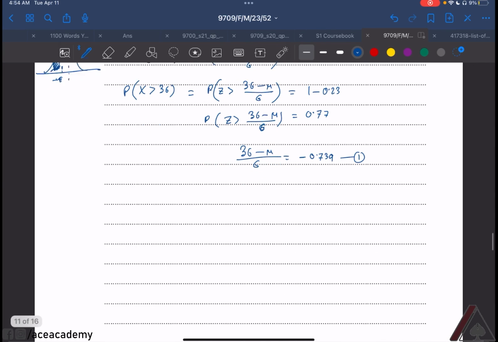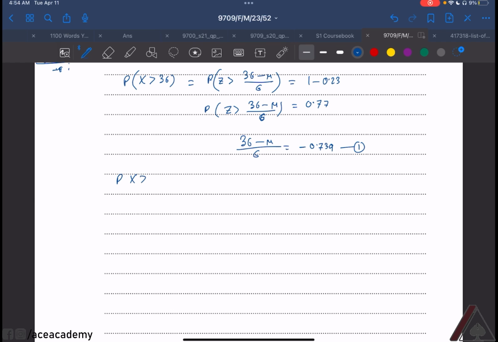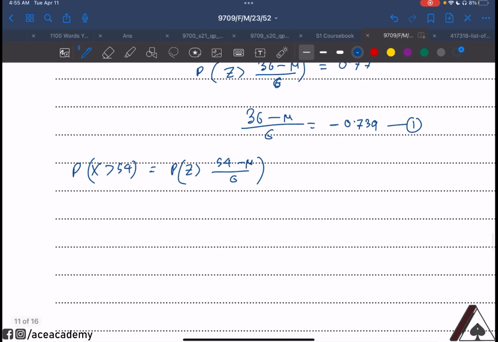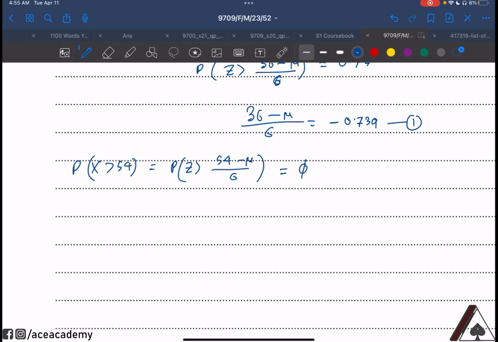Now, equation 2. Probability of x is greater than 54 equals probability of z is greater than 54 minus mu by sigma, which is 0.1 as already told in the question. Thus, we have to convert it again. Probability of x is less than 54 equals probability of z is less than 54 minus mu by sigma equals 0.9.